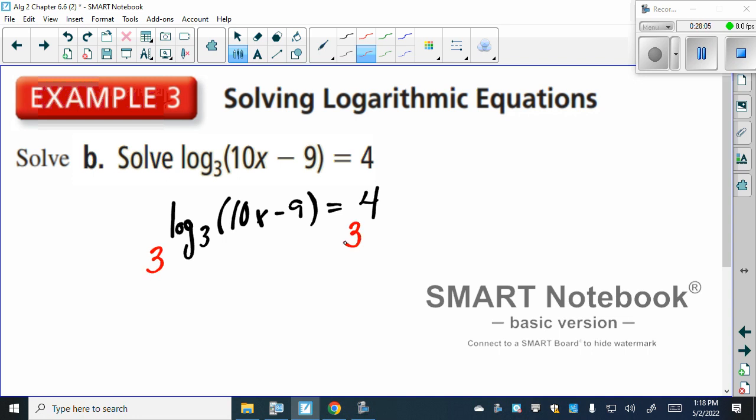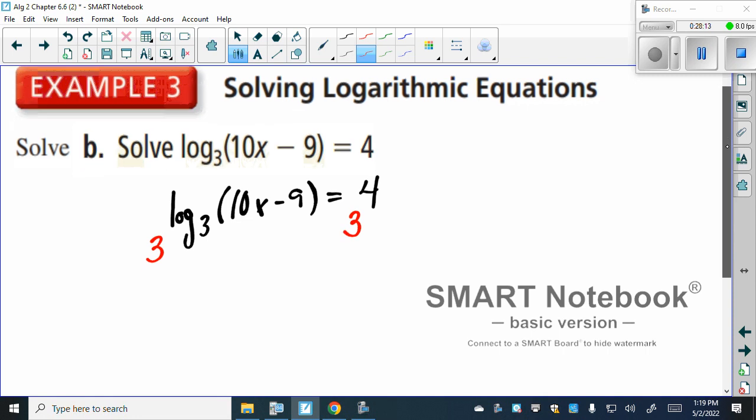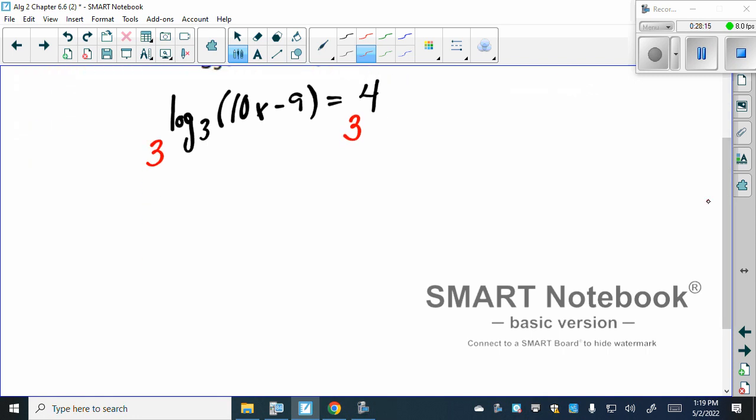Since we have log base 3, we're going to put both sides to a base of 3. So we have 3 to the log base 3 of 10x minus 9 is equal to 3 to the 4th. And the reason we do that is because this, 3 to the log base 3, will cancel out, leaving us with 10x minus 9.